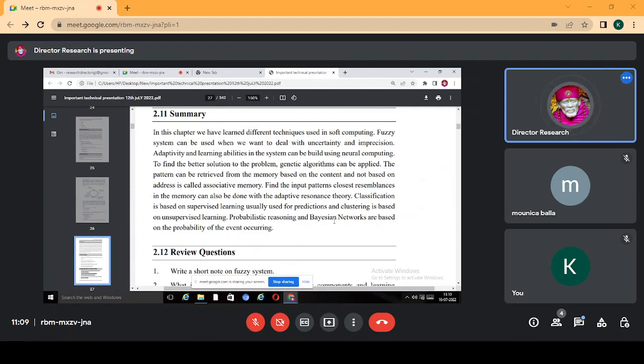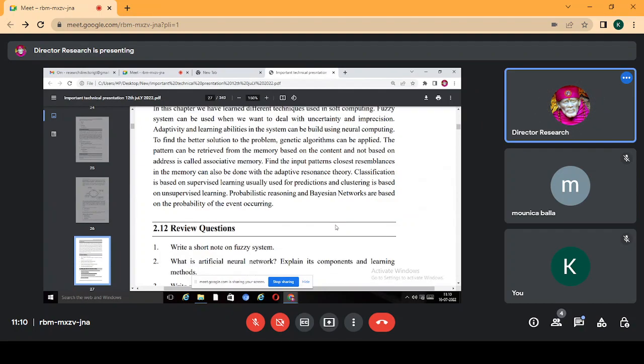Please try to see these points. Finding the input pattern's closest resemblance in the memory can also be done with adaptive resonance theory. Classification is based on supervised learning, usually used for predictions, and clustering is based on unsupervised learning. Probabilistic reasoning and Bayesian networks are based on the probability of the event occurring.